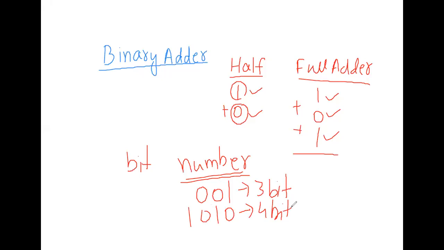Bit means a single digit. One is a bit, zero is a bit, so we can add these two bits by using a half adder. But two numbers cannot be added by using a half adder. That is the difference. Half adder can be used to add only two bits, not numbers.